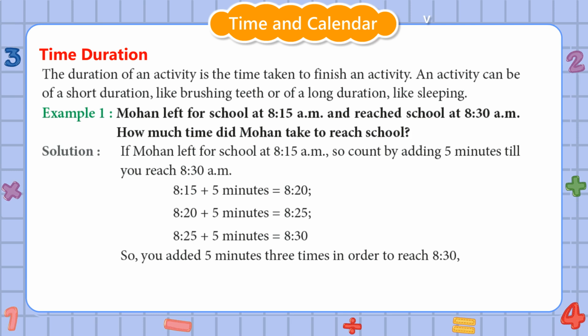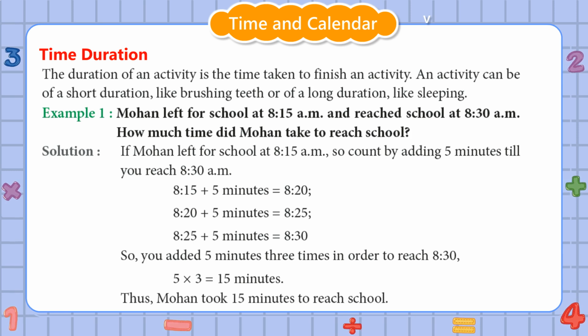So, you added 5 minutes 3 times in order to reach 8:30. 5 multiplied by 3 is equal to 15 minutes. Thus, Mohan took 15 minutes to reach school.